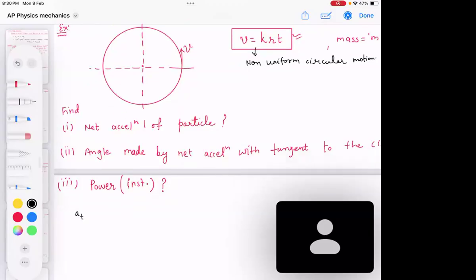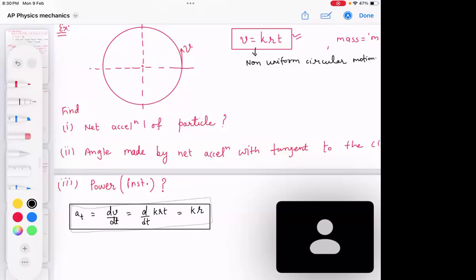Tangential acceleration will be dv by dt. Differentiate d by dt of k r t, so it will come k r. These are the constants given in the question. So the tangential acceleration this particle has is kr.